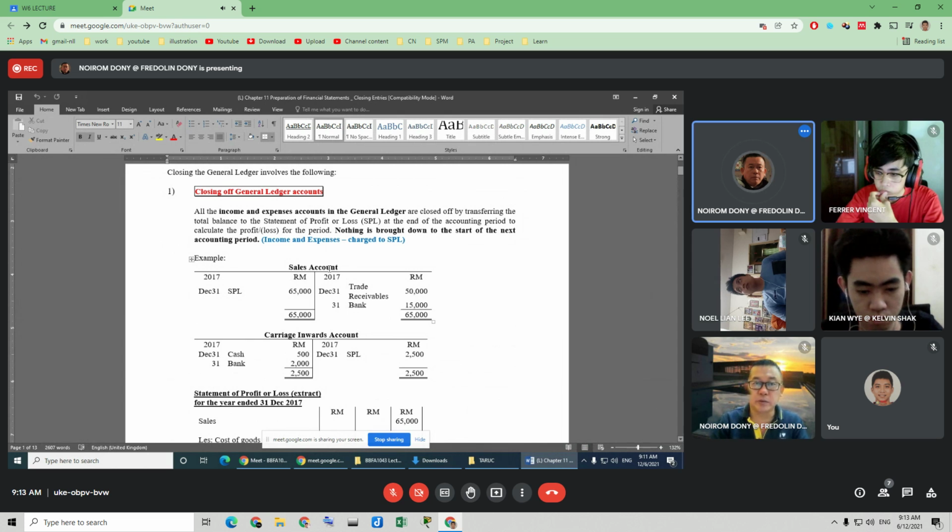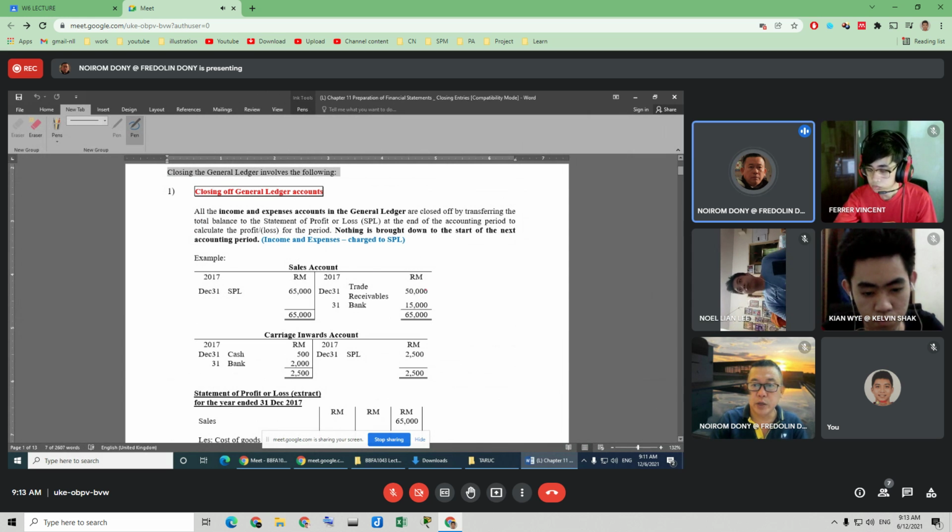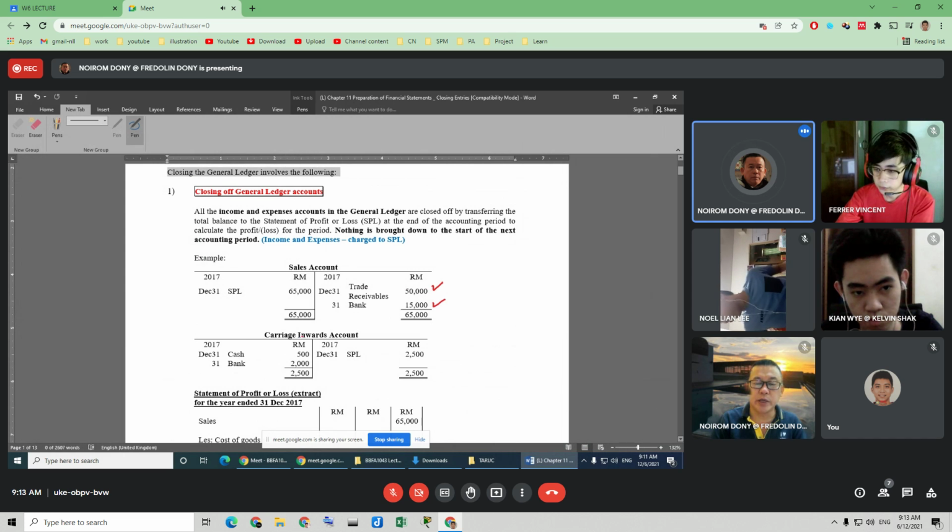Increase, so we do a credit entry. This is credit sales, and this is cash sales. Carriage inward is a debit item. Increase of carriage inward, paid by cash 500, paid by check 2000, so we debit.